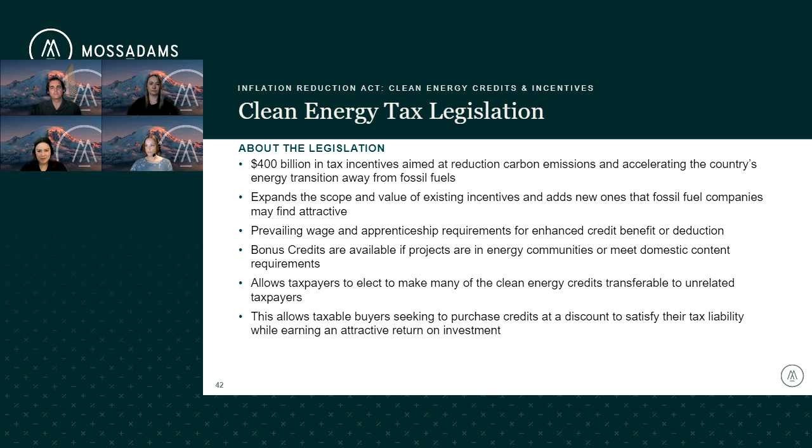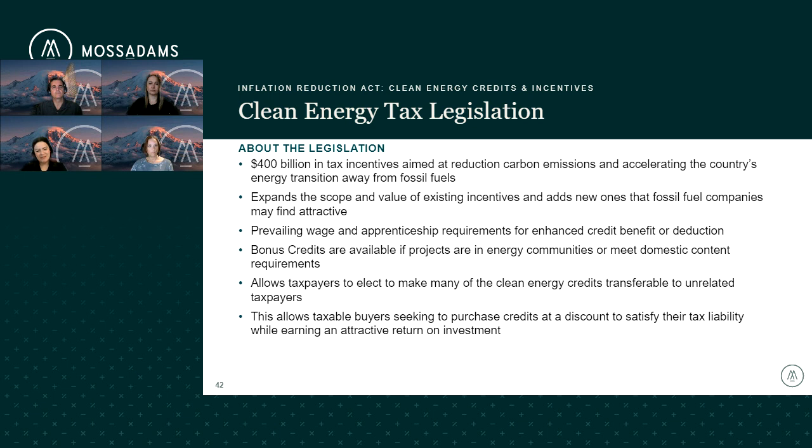There are also bonus credits. These can be available if projects are in energy communities. An energy community relates to brownfield sites, so sites that used to be used for commercial or industrial purposes. That could be an enhanced bonus credit of 10%, which I'll talk about as well.